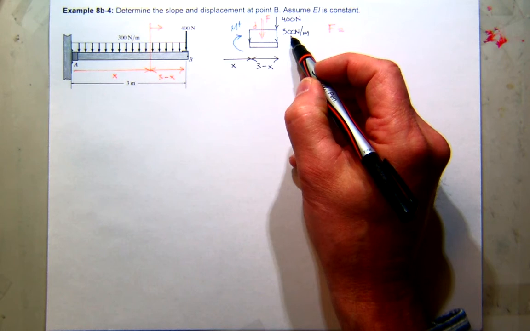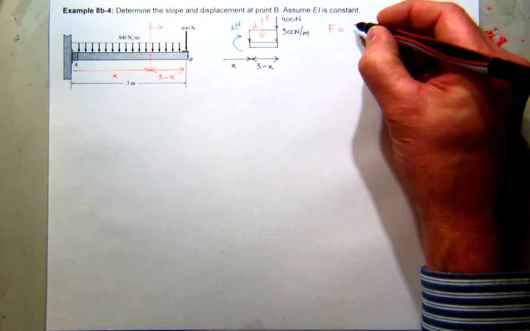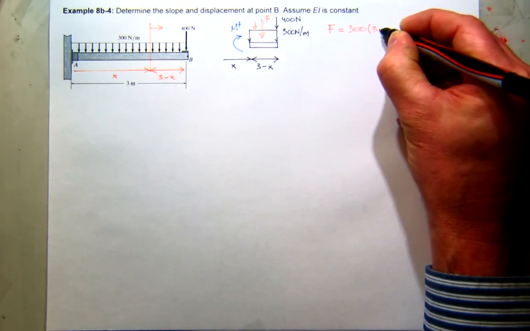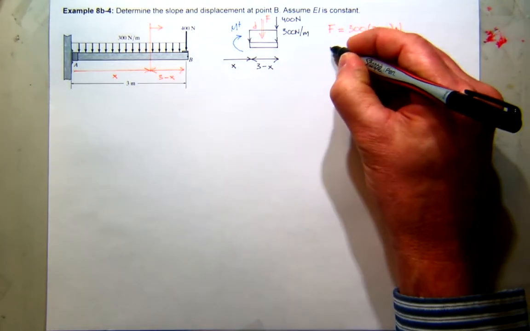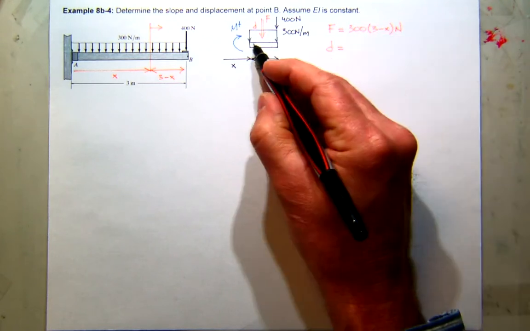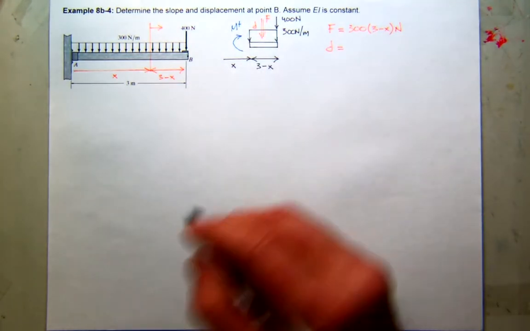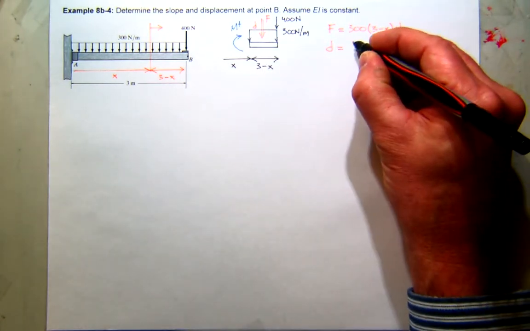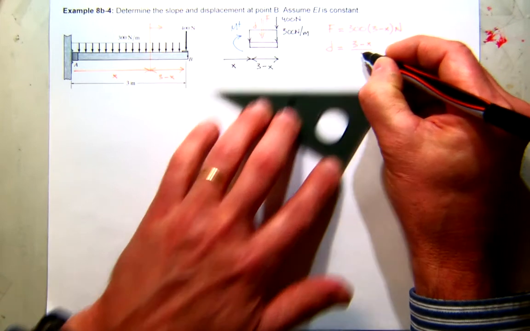The height is 300 newtons per meter, and it's times 3 minus x. So the force will just be 300 times 3 minus x, and that should be in newtons. And what's the distance from the cut to the centroid of the equivalent force? Well, half the distance, so 3 minus x, divided by 2.